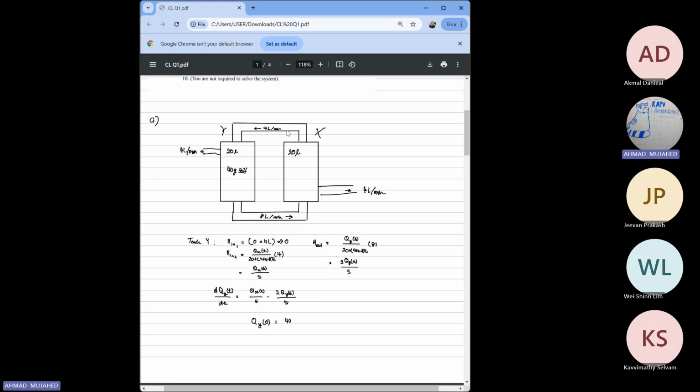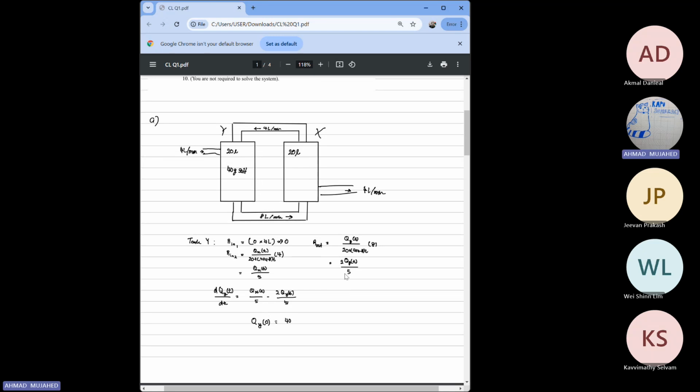For Y in 2, we're using from the X to the Y. So it is this formula, the general solution formula for flow in times 4 equals Qx(t) per 5. And then we put into the solution dQy(t) divided by dt equals Qx(t) per 5 minus 2Qy(t) per 5 equals 40.